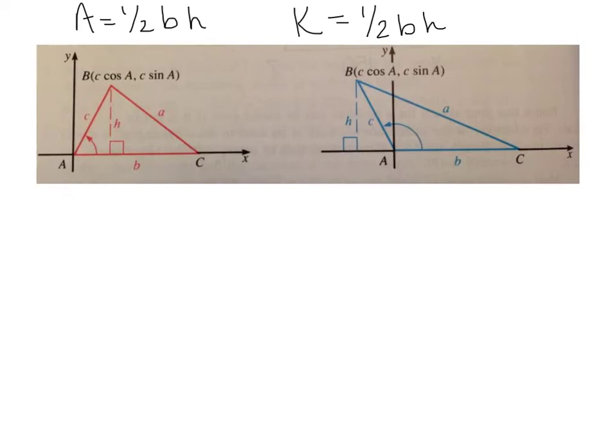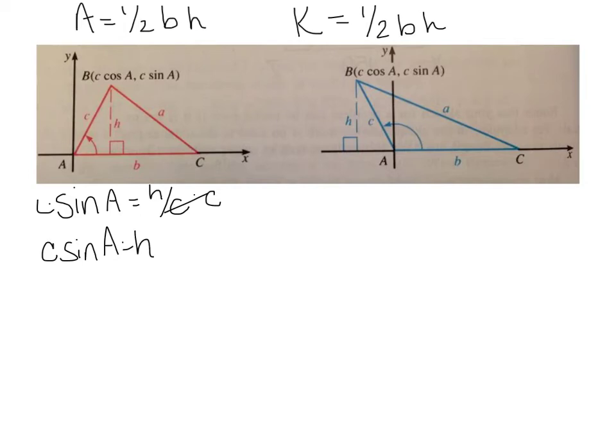So that's sine of A is equal to h divided by c. If I want to just solve for h, I would multiply by c on both sides. And I could determine that c times the sine of A is equal to h.